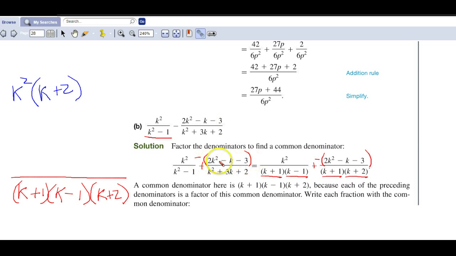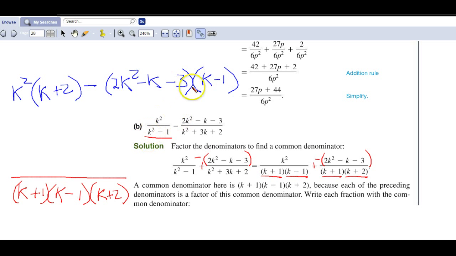Now this one here, keep in mind there's a negative there now, is 2k squared minus k minus 3. Which one is this missing to make it this? Well, it has a plus and a plus. It needs this negative over here. So this one needs to be multiplied by k minus 1.